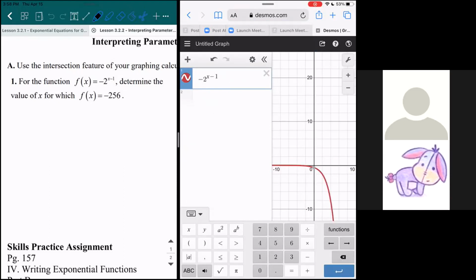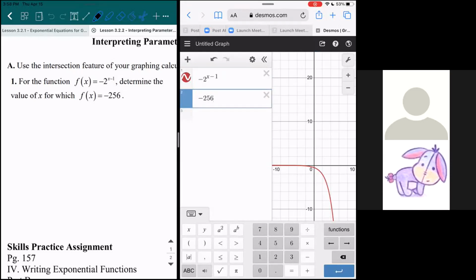Okay, there we go. -2 to the power of x minus 1. And on the second one, I'm going to type -256. Let me just type properly. There we go. Okay, so I have in my Desmos both the equations.